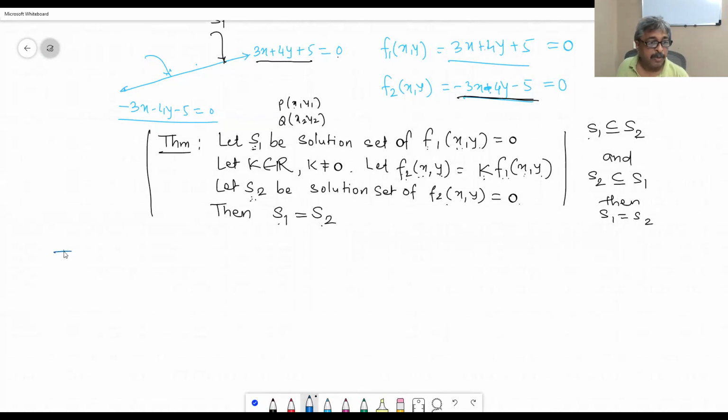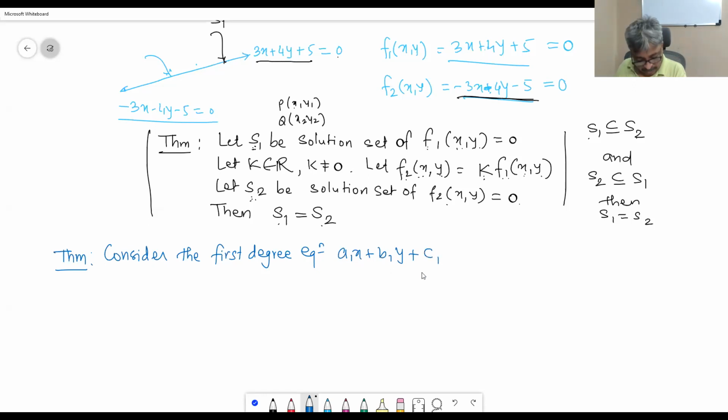Here, maybe you simultaneously write this down in your notebook, because it has to be there in your notebook. Important, consider the first degree equation a1x plus b1y plus c1 is equal to 0 in x comma y.